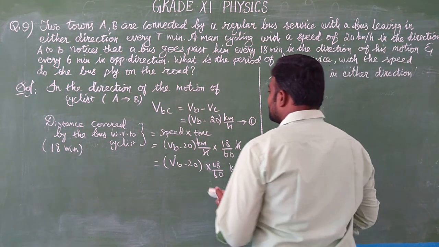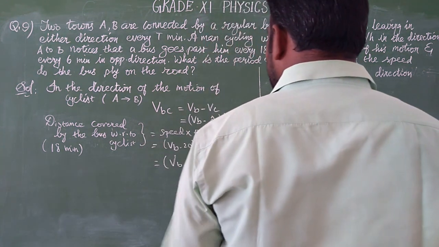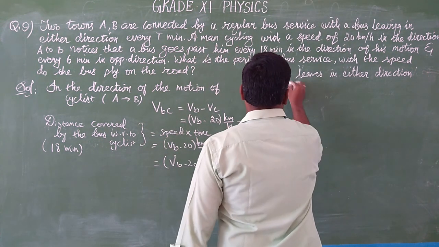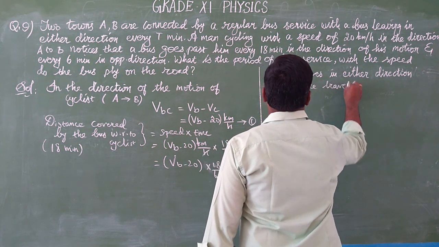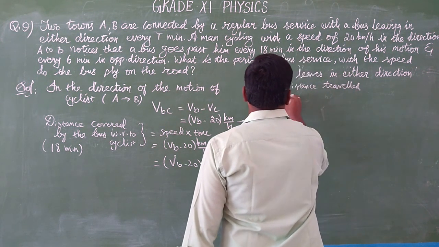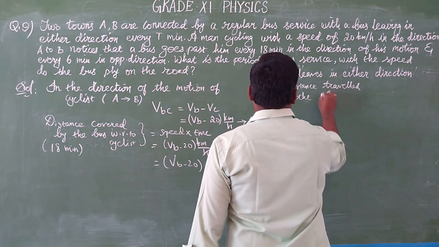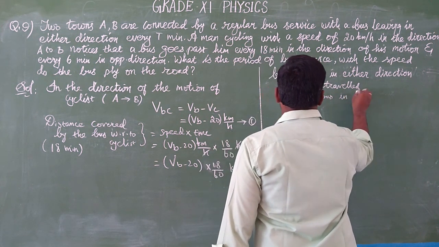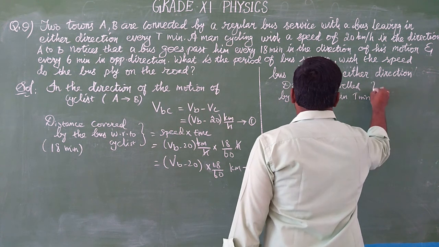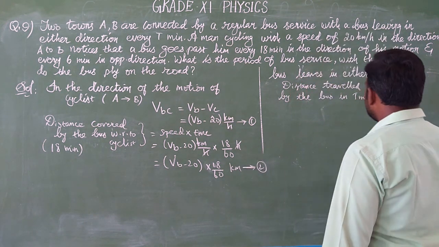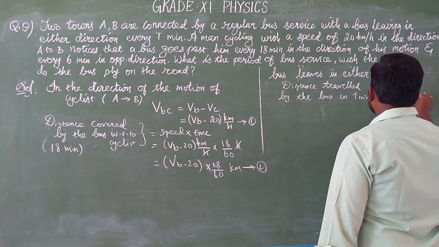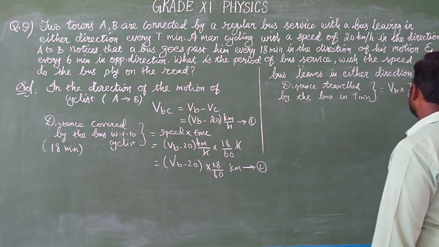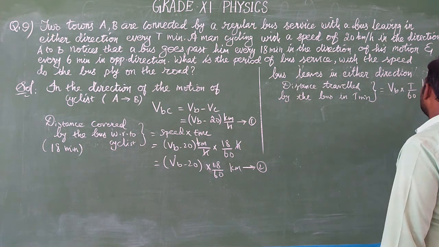So the distance traveled by the bus in t minutes is equal to speed into time. So the velocity of the bus into t by 60, in kilometers. This is equation number 2.